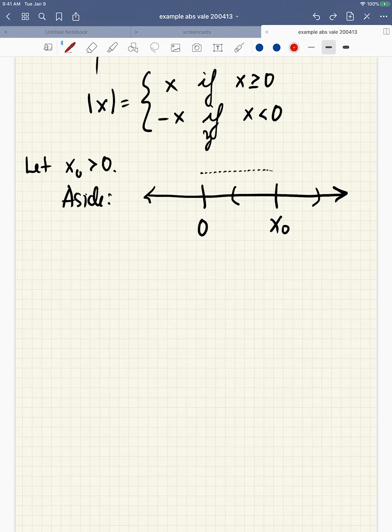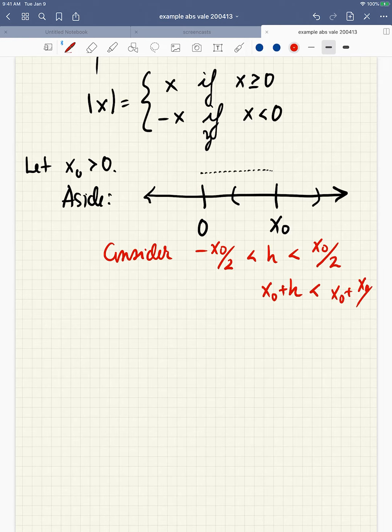So what I want to do here is this. I want to show you that if I take small h's, then x naught plus h is still going to be in this little interval. So consider taking h's that are between negative x naught over 2 and x naught over 2. Then if I add x naught onto all of these, I get this inequality.